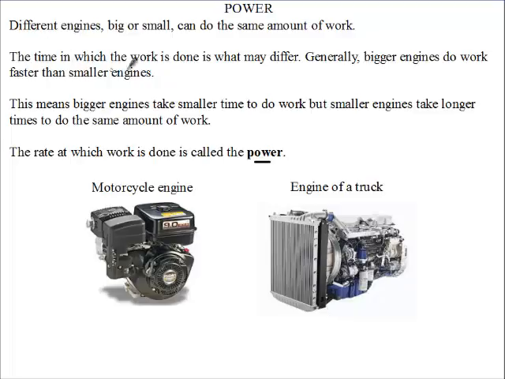So time taken in which work is done may differ. Generally, bigger engines do work faster than smaller engines, and then they can apply greater forces. This means bigger engines take smaller time to do work, but smaller engines take longer times to do the same amount of work. The rate at which work is done is what we call power, as I stated earlier.